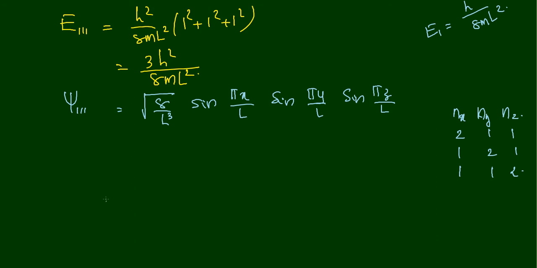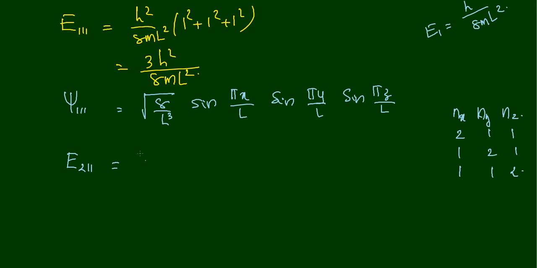So we can check what is the value here in these cases. So the value depends upon E211. That is the first case. What does 211 mean? Nx is equal to 2, Ny is equal to 1 and Nz is equal to 1. So E211 is equal to, what is the energy expression? The energy expression is h square divided by 8 mL square into Nx square plus Ny square plus Nz square.